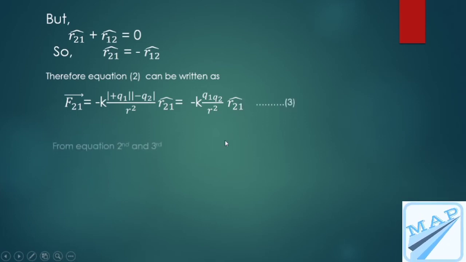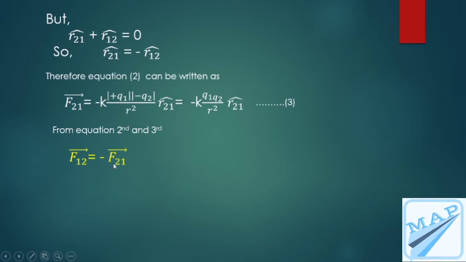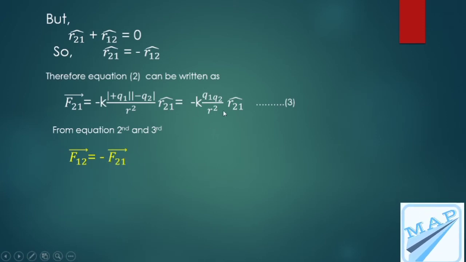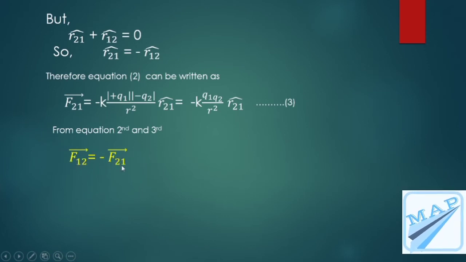So from equations 2 and 3, you will write vector F12 is equal to negative vector F21.